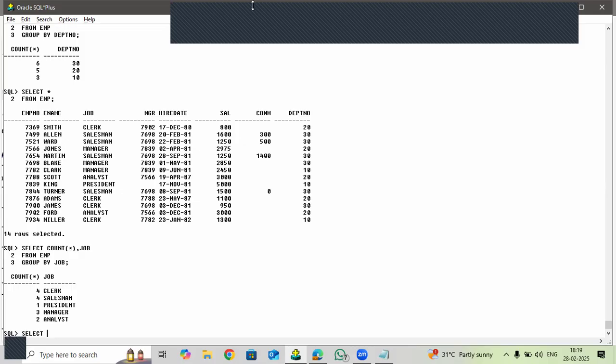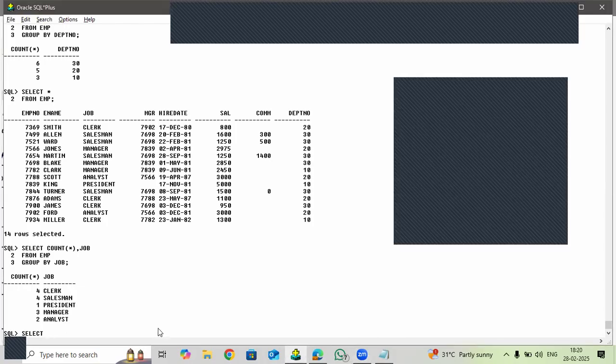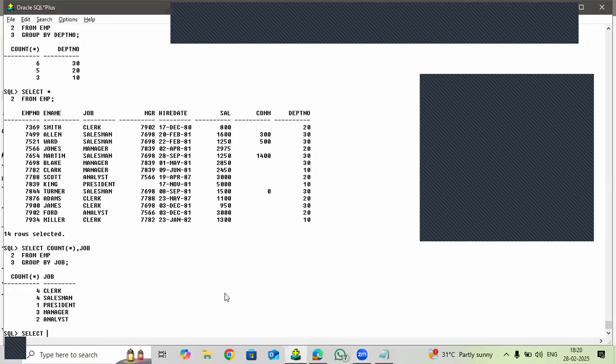Select number of employees, count of star.